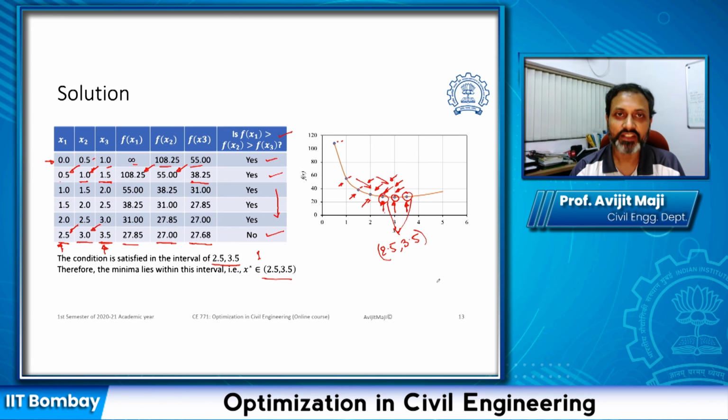In fact, it is another way of doing the accelerated step size method, whereas the exhaustive search method is a method where we do need to know the boundary of the search space.